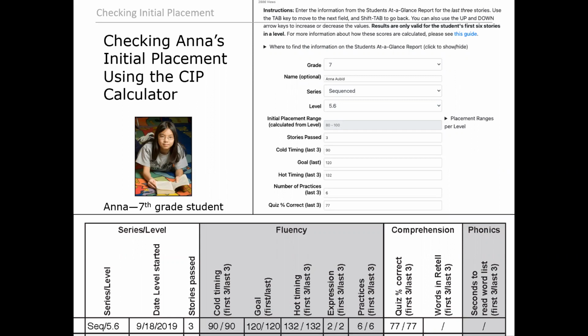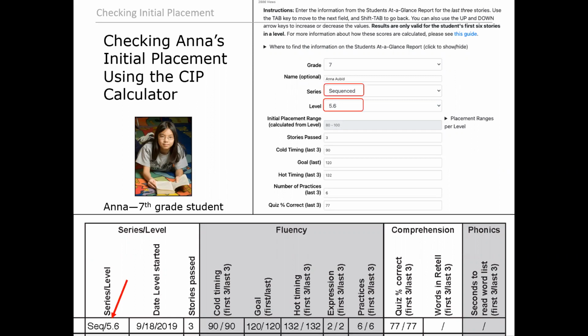So take your students' data, the first couple students, plug it into this Checking Initial Placement Calculator. Then maybe you want to do it without the calculator and use the calculator to check your work, right? Pretty soon, you're not going to need the calculator at all.